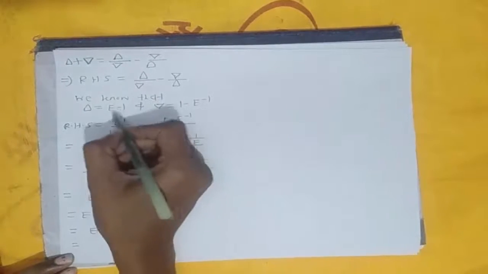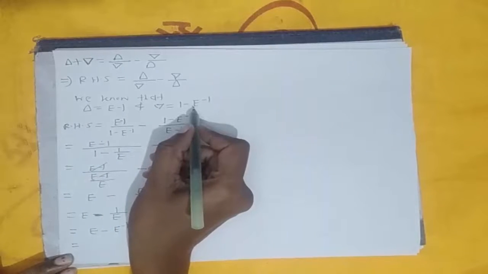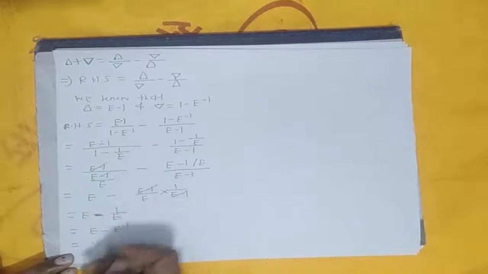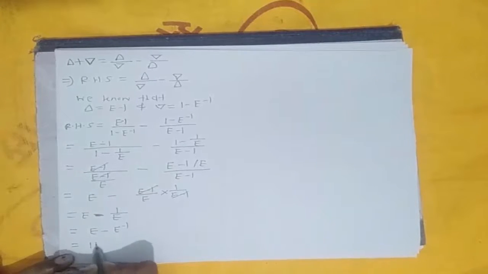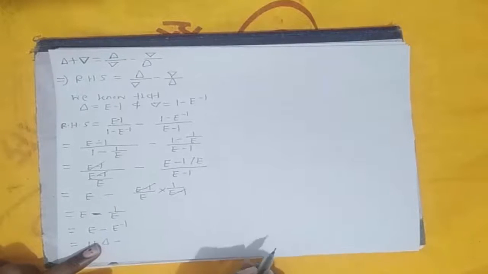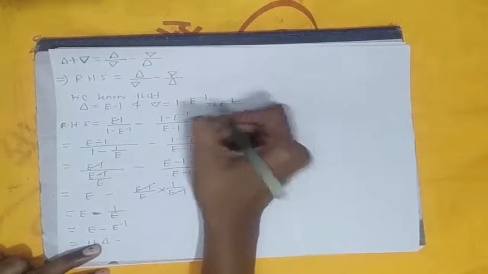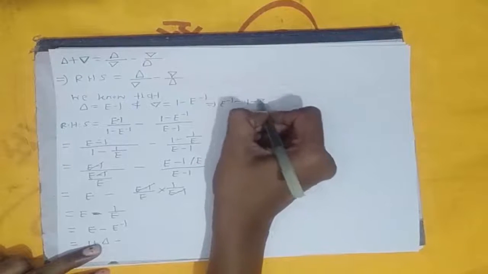Again we put here E is equal to 1 plus delta and E inverse is equal to 1 minus del. So we get E, that is 1 plus delta, minus E inverse, and E inverse is, if we shift this here and this here, 1 minus del.